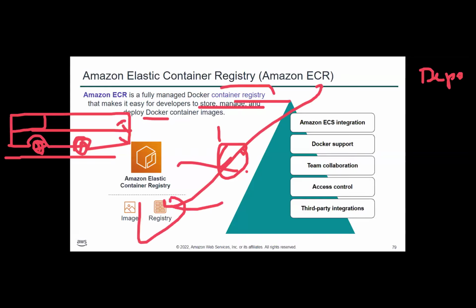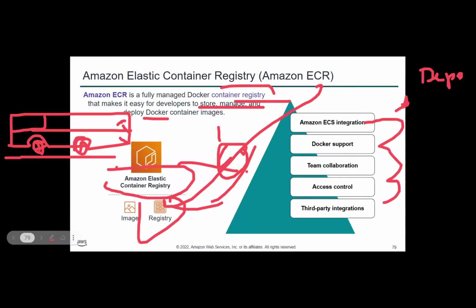Okay. So same thing, the ECR, ECS. ECR is Elastic Container Registry. It will store. The best example would be your GitHub. What is GitHub actually doing? Storing our code, and anytime you want it, you can get it.